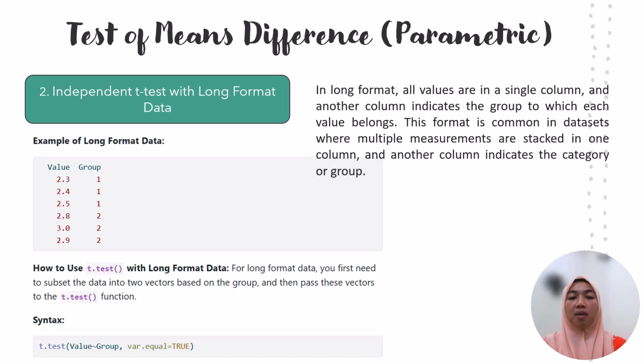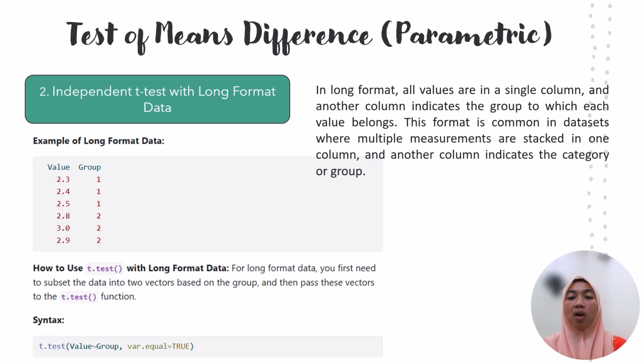The second format is the independent t-test with long format data, where all values are in a single column. Different from the wide format, where we have two columns, in the long format we only have a single column of values, and another column indicates the group to which each value belongs.